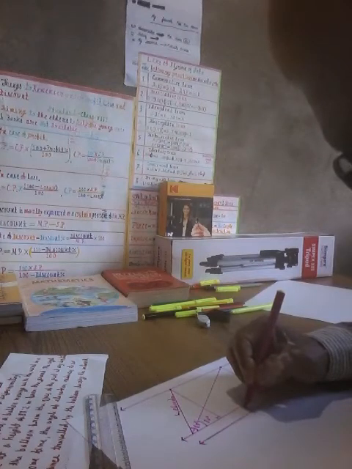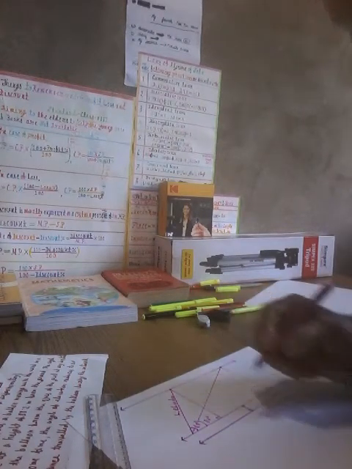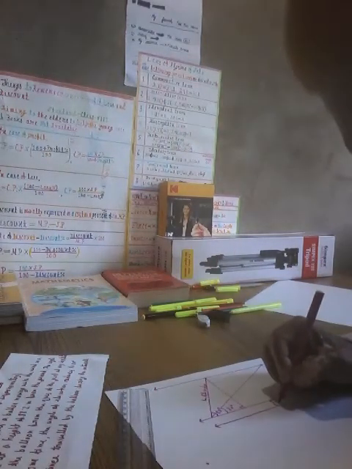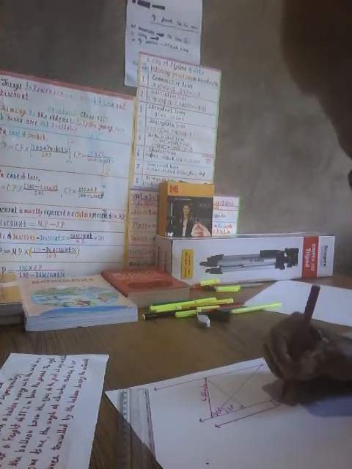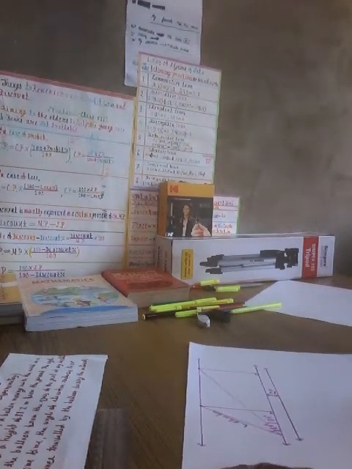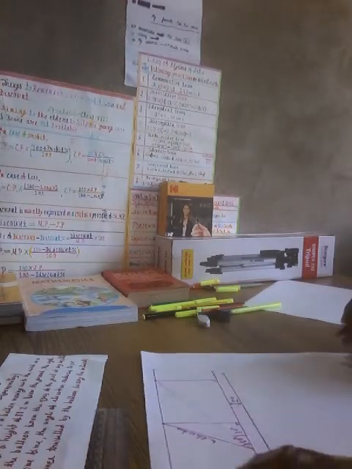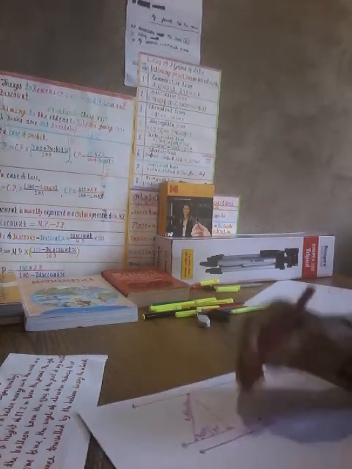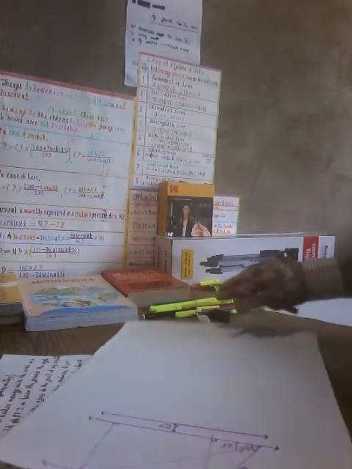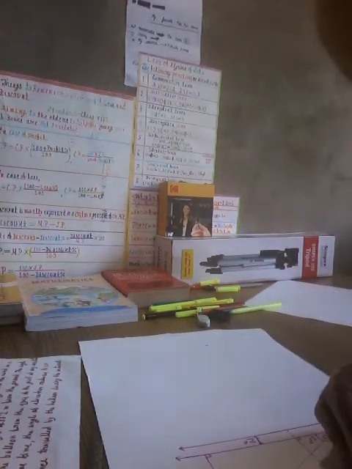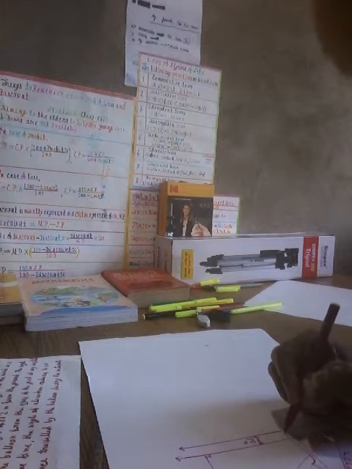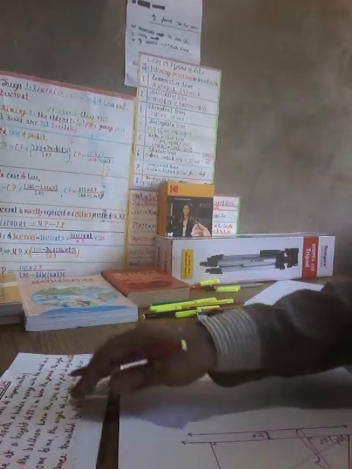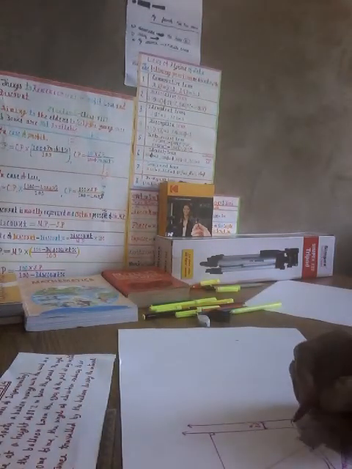Now, according to the question, this distance from the ground level to the eyes of the girl is 1.2 meter. So if you consider this line to be continued, the distance from this point to the ground level is, according to the question, 88.2 meter.